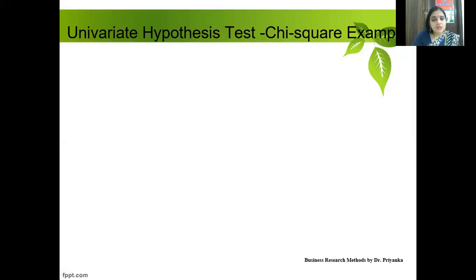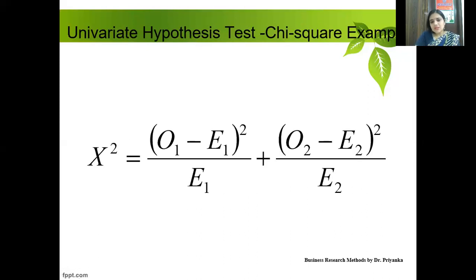Then the univariate hypothesis test using chi-square. Let us see it with the help of one example. Chi-square is equal to the observed value minus the expected value, whole squared, divided by the expected value for the first cell, plus the same for the second cell: observed value minus expected value, whole squared, divided by the expected value for the second one. This is for the case of 2 entries, and it is the easiest one.